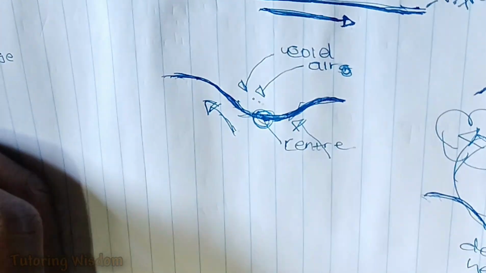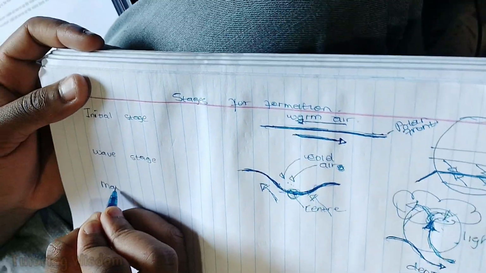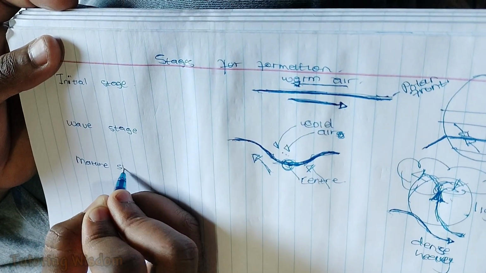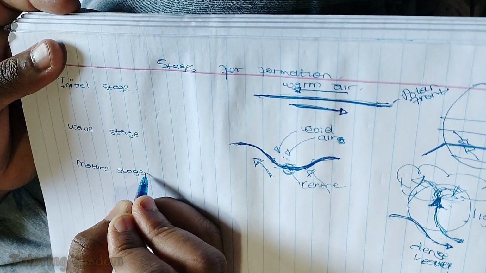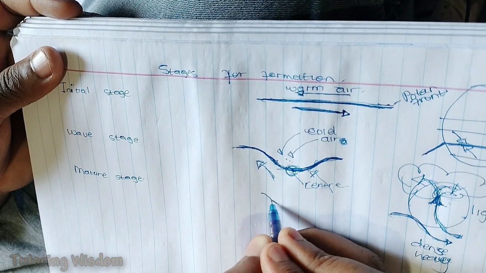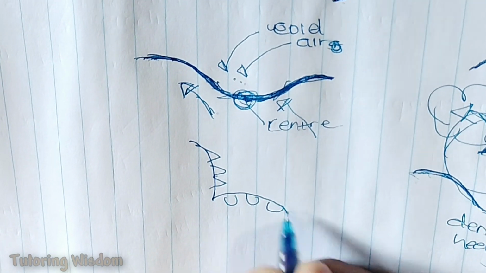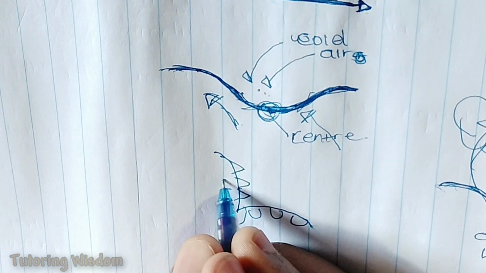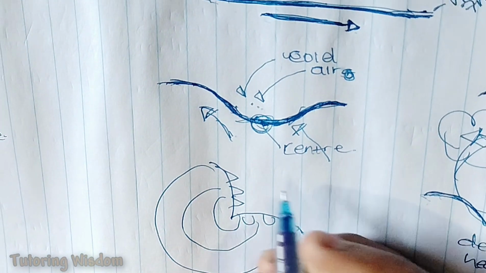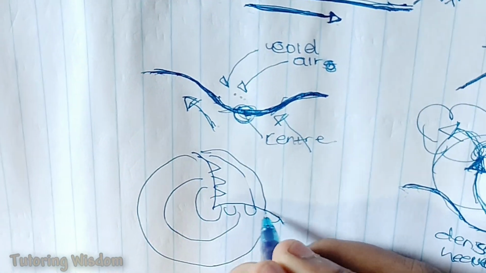Now we move to the next stage, which is obviously your mature stage, right? Now your mature stage will look something like this, right? You have your fronts which have fully formed. You have your low pressure cell now, which has also fully formed.